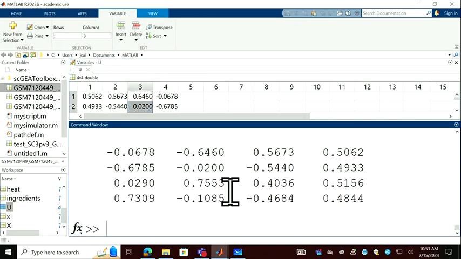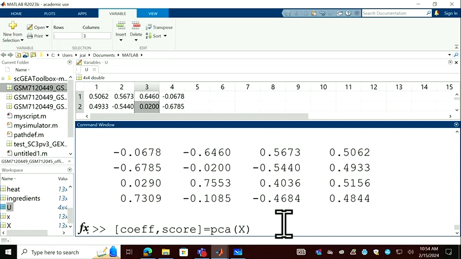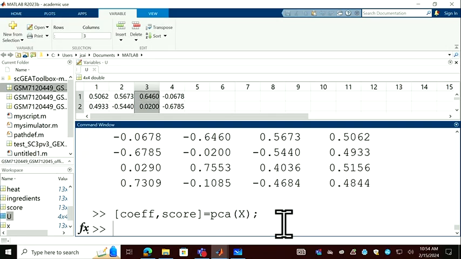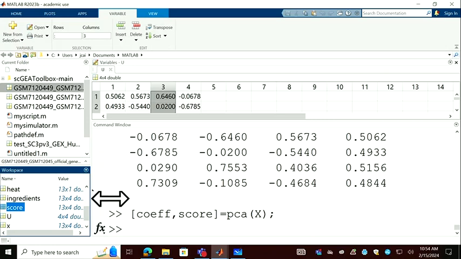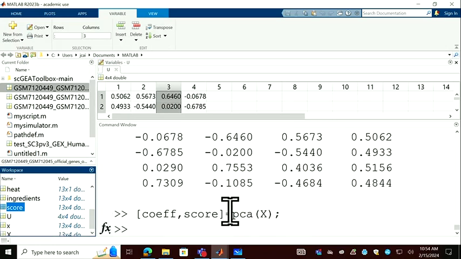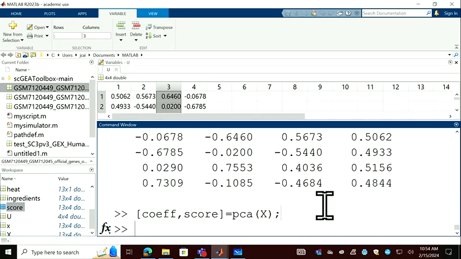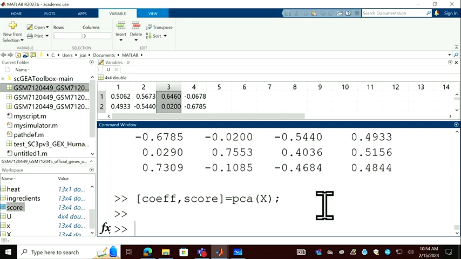All right, and it also gave you another result called a score, and the name is not so intuitive sounding, but the score is, after you rotate your original data X, what your rotated points are. So if you look at the score, this is a 13 by 4, okay? We know how to compute the score.